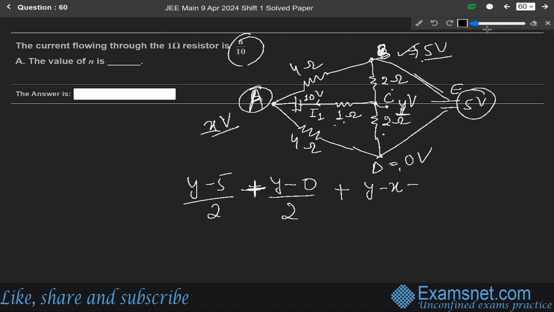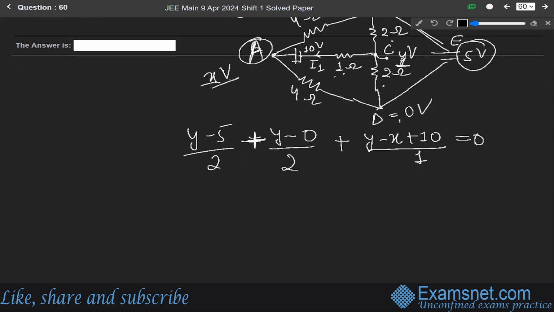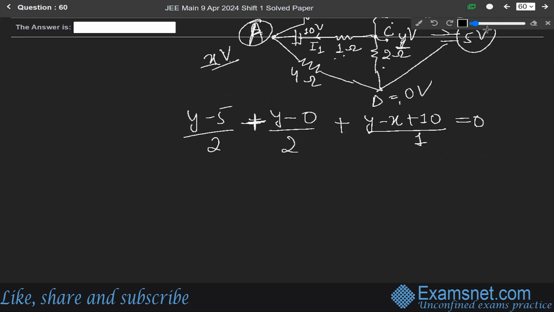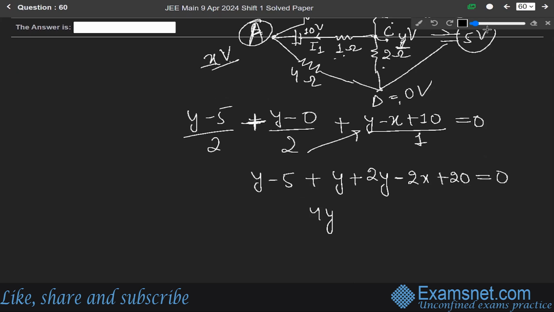This must be equal to 0 now. Okay. So solving it, we get Y minus 5 plus Y plus 2Y, taking LCM, minus 2X plus 20 will be equal to 0. So solving it, we get 4Y minus 2X plus 15 is equal to 0. Let us say this is equation number 1.